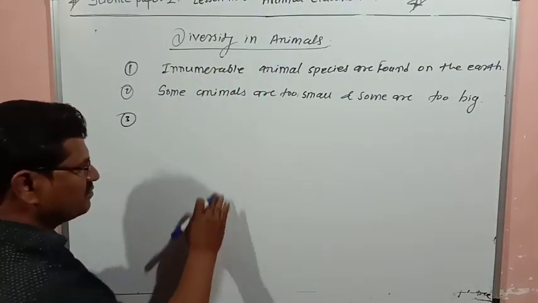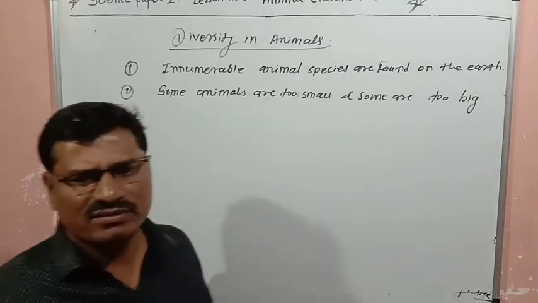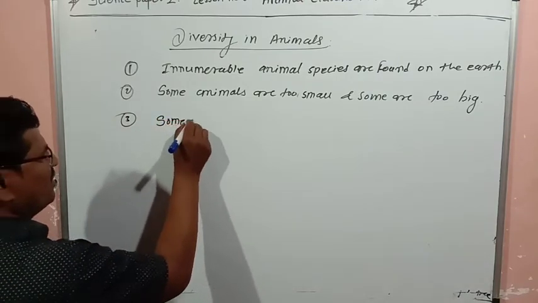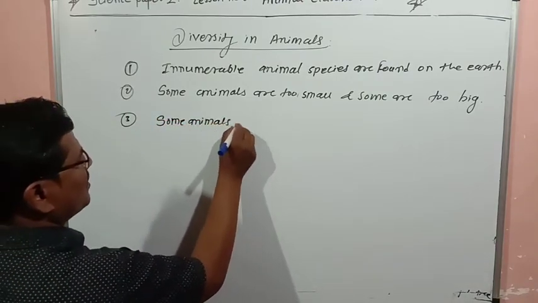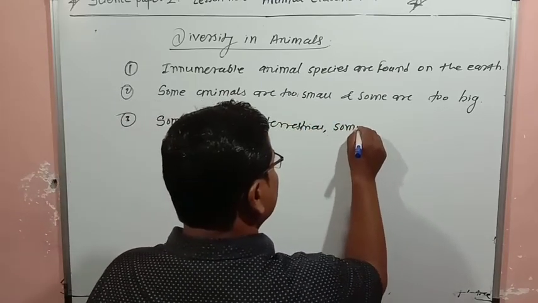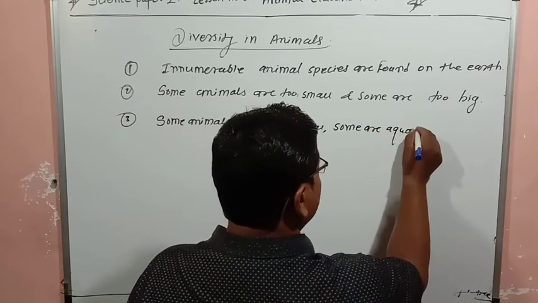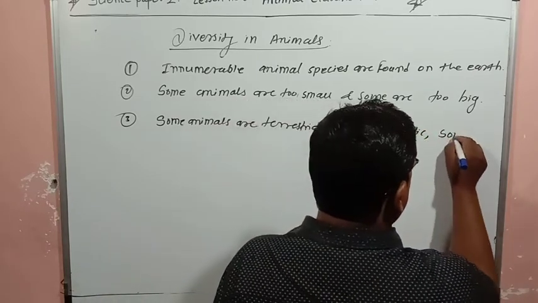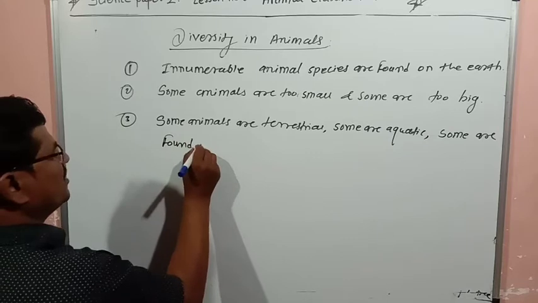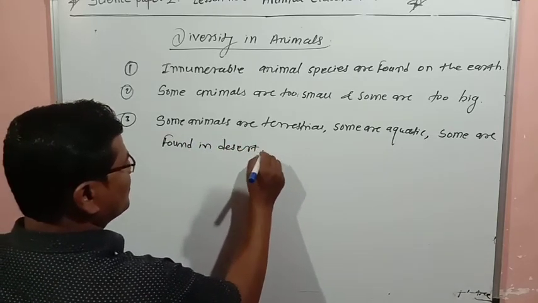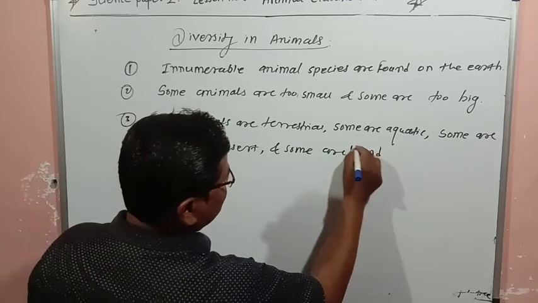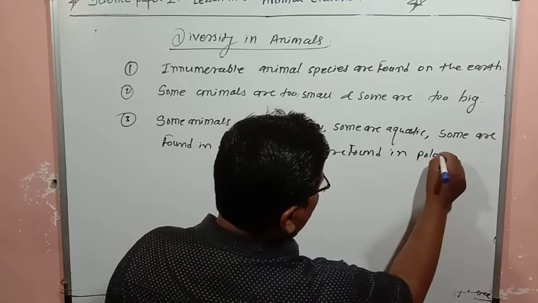Third point, some animals are terrestrial, some are aquatic. Some are found in desert and some in polar regions.